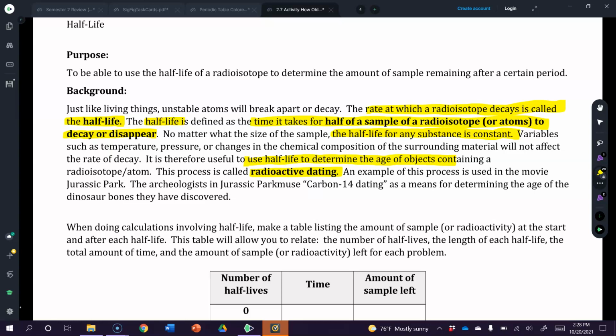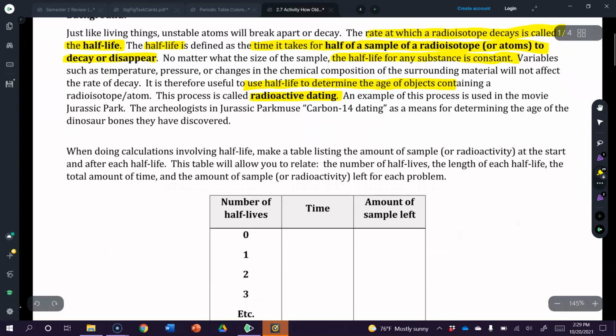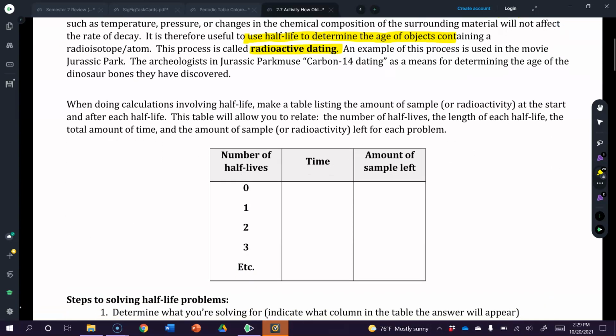An example of this process is used in the movie Jurassic Park, where archaeologists use carbon-14 dating as a means for determining the age of dinosaur bones they've discovered. In reality, they don't actually use carbon-14 dating because it does not go as old as dinosaur bones are, but they use it because it's easy to relate.